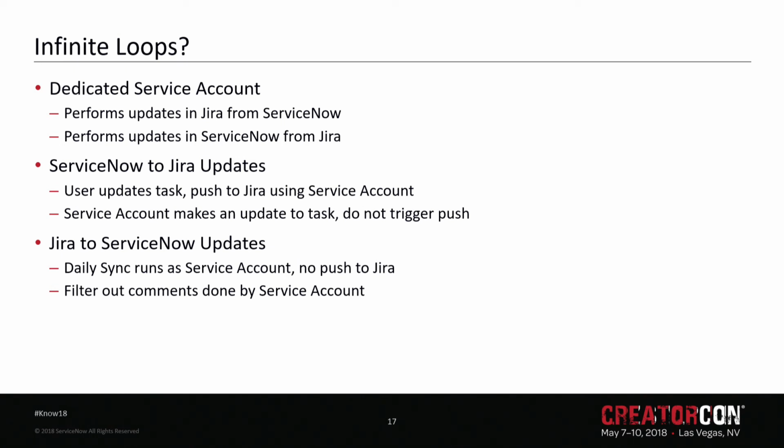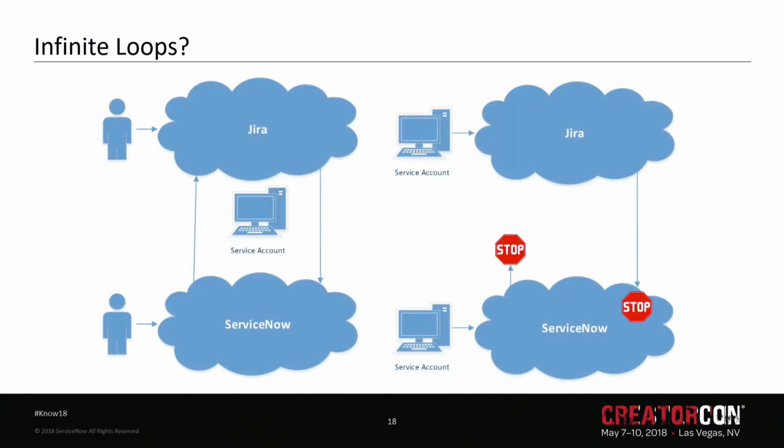The same way for inbound updates, the service account is responsible for updating the tasks. Because of that, I can filter out the updates that I don't want to resend, and I can even filter out comments made by the service account so that I don't just apply the same comment over and over into ServiceNow. And here's a visual representation of that.